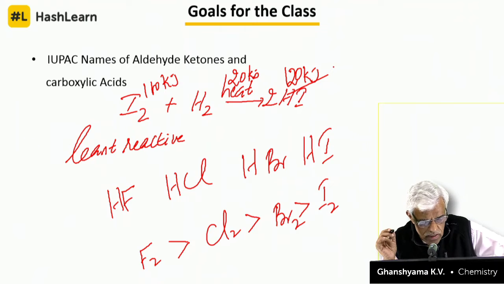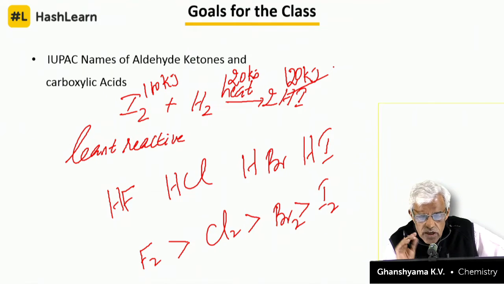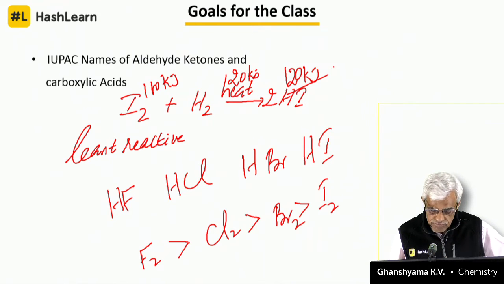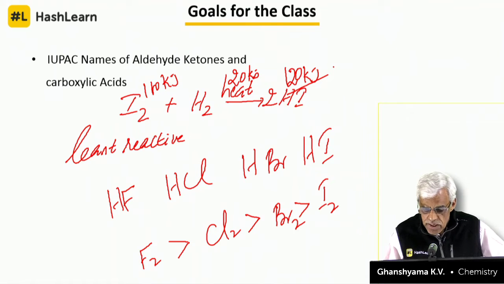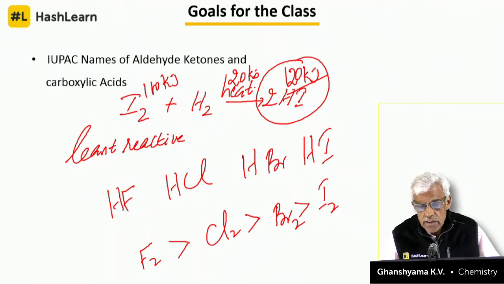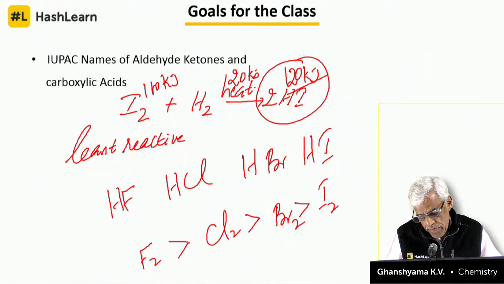Okay Sandesh, hello. So, if iodine has 100 kilojoules of energy and you supply 20 kilojoules to get HI, then the energy content of HI is 120. Means HI has higher energy content.